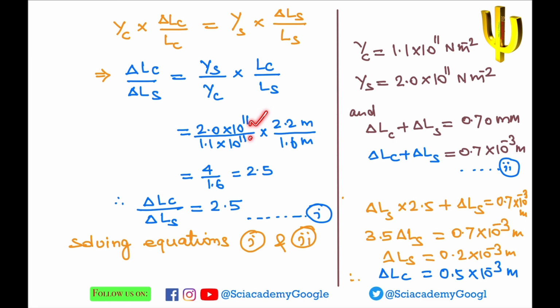Since YS and YC have the same unit, their units will be cancelled. So we get the ratio of delta LC by delta LS equals 2.5. Let this be equation number 1.